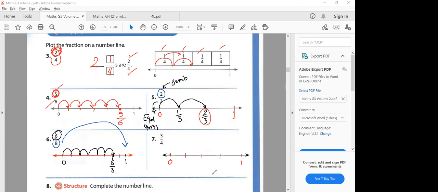Okay, now how many jumps, Farouk? 3. 3, excellent. 1, 2, and 3. So this number that you need, 3 over 4, will be here, right? Yes.